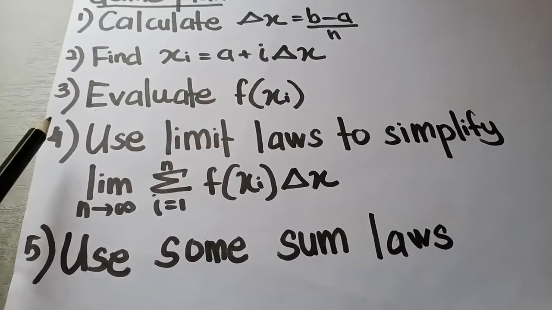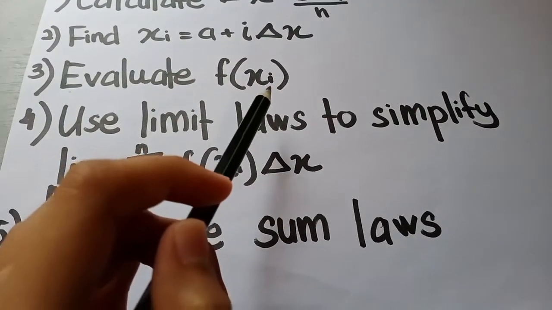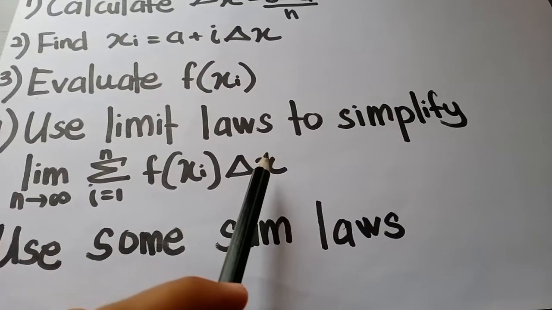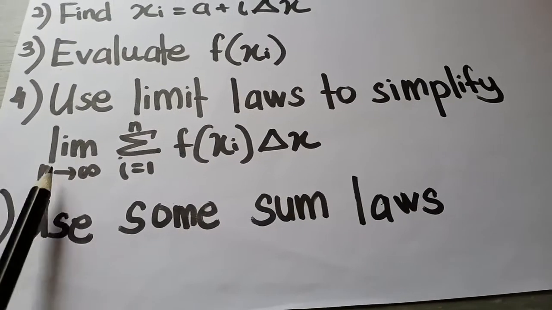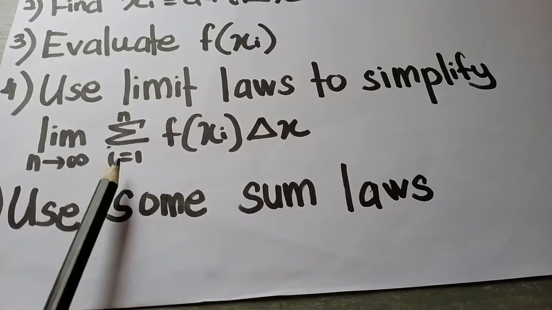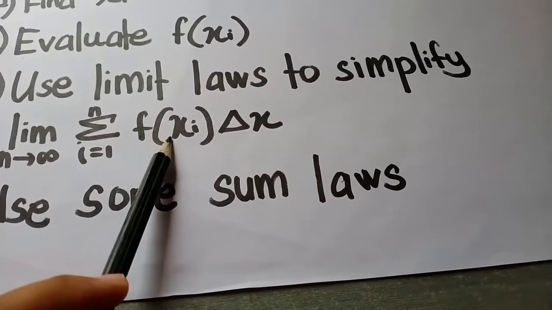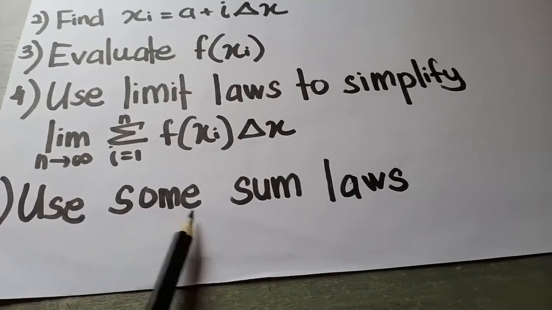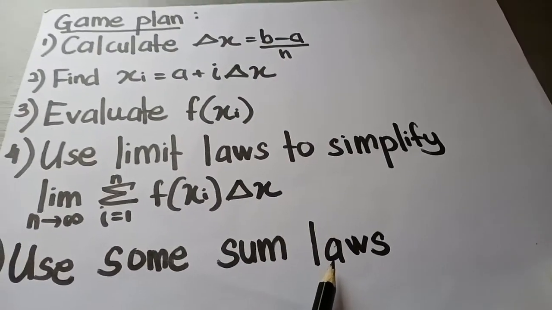The third step is we need to evaluate f(xi). The fourth step is we need to use the limit laws to simplify the limit as n approaches infinity of the summation i equals 1 to n of f(xi) times delta x. And the last one is we need to use some sum laws. And here we go.